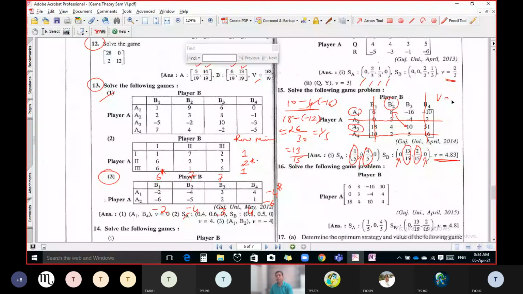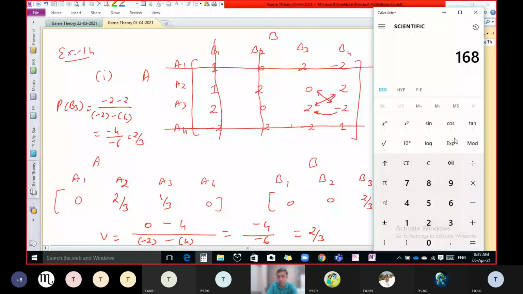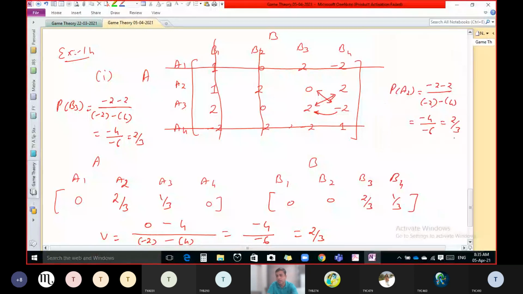And now the value of the game. How to find the value of the game? The denominator is the same, 18 minus minus 12, that means 30. Here multiply these two. 8 into 10 is 80. Minus 4 into minus 16 is plus 64. So we get 144 divided by 30.